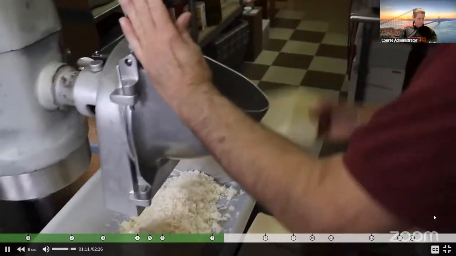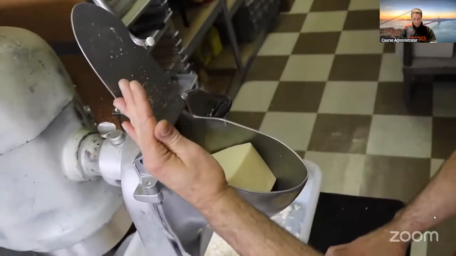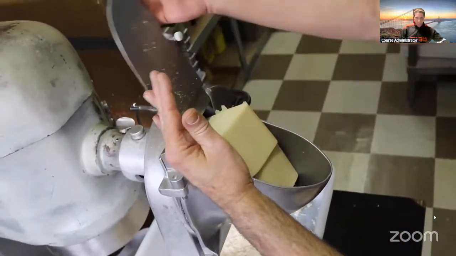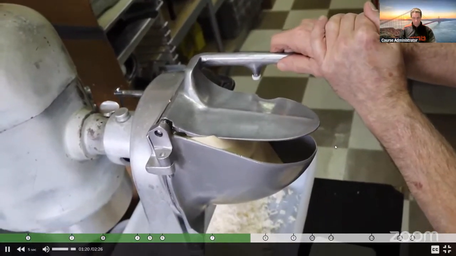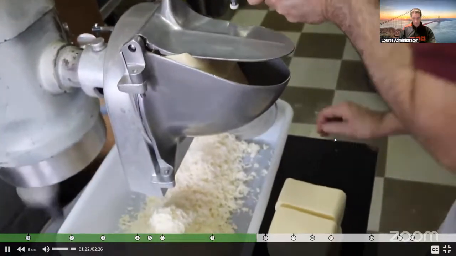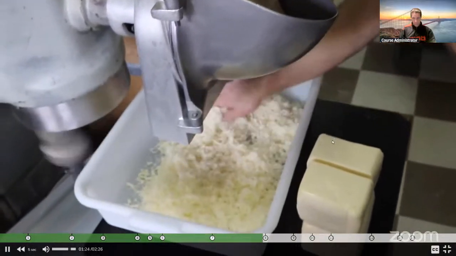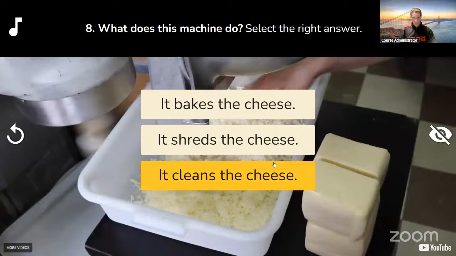This piece of machinery attaches to the mixer and shreds the cheese up into fine pieces. Okay, so what does this machine do? Or what is being done?